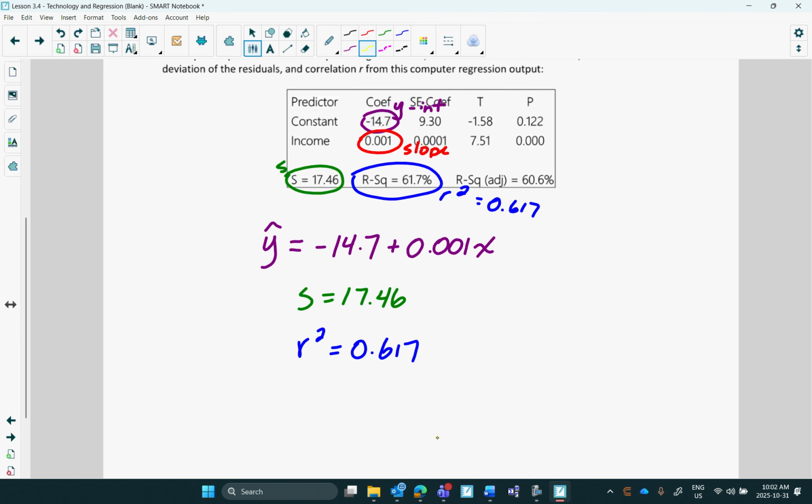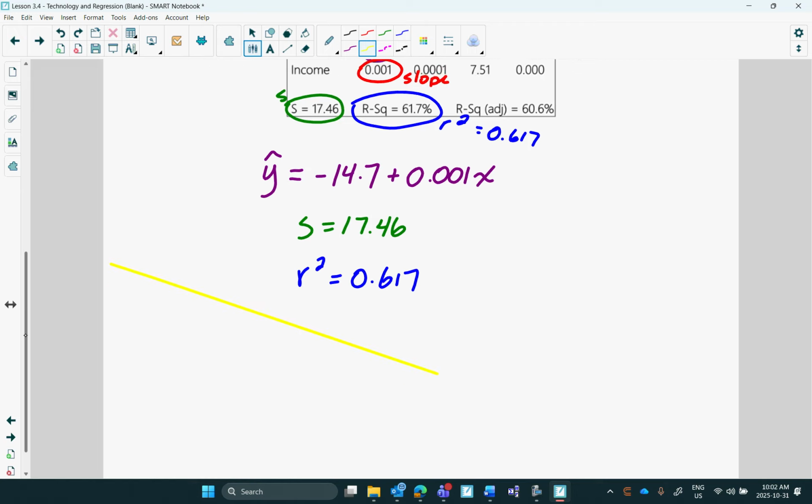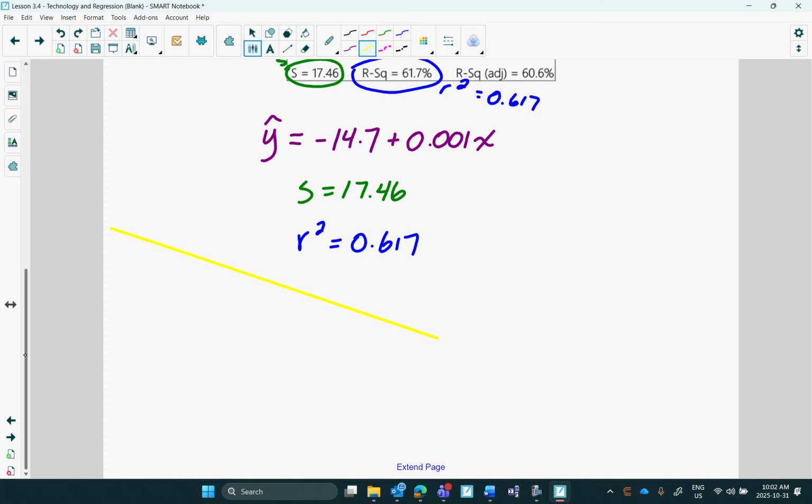If I know R squared, I can calculate R by doing what? Not quite. How do you solve a quadratic equation like this? You do not just take the square root, you take the positive and negative square root. So R is equal to plus minus the square root of 0.617.